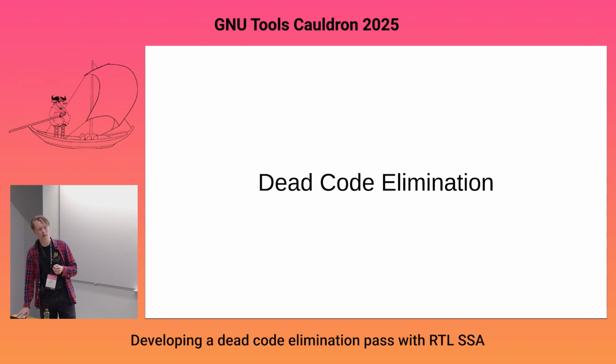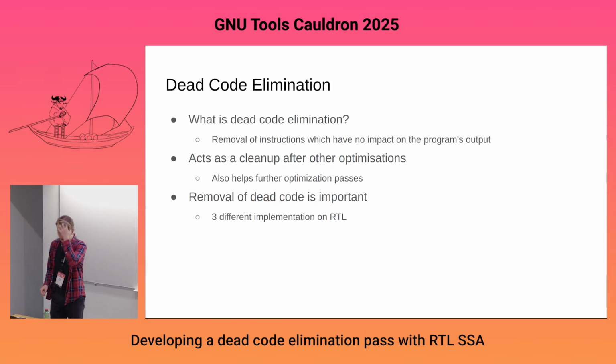Okay, dead code elimination. So, what is dead code elimination? Dead code elimination is a removal of instructions that have no impact on the program's output. It acts as a cleanup after optimization passes, which also helps following passes so that they don't have to process dead and useless instructions.